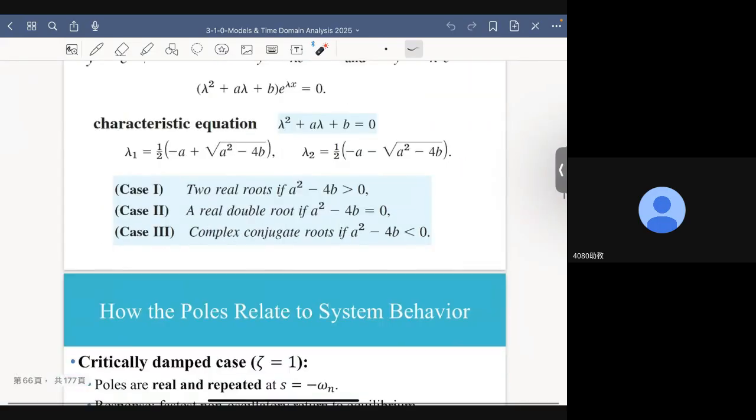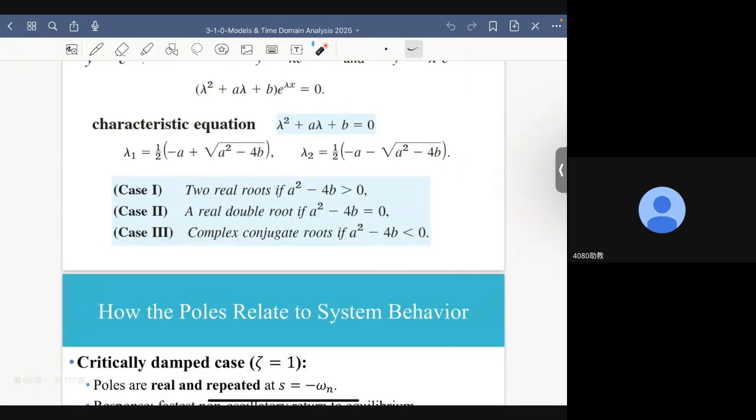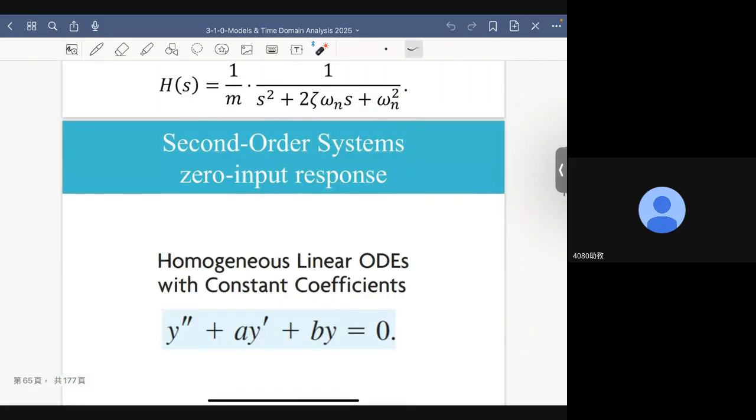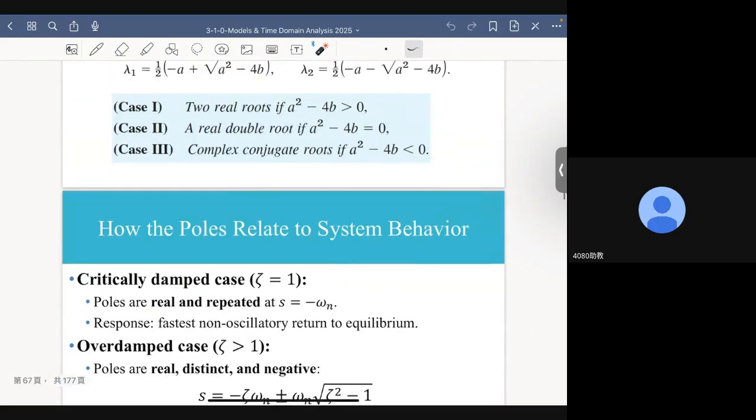So what we will get is a pair of complex conjugate roots, all right? These are the three possible cases for the homogeneous solution for this so-called second order linear differential equation with constant coefficients.